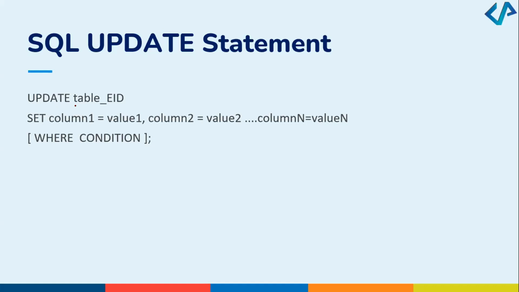So update, give the table name, set what? Column 1 is equal to value 1. This is my value 1. Column 2 should be value 2. Column n should be value n. These are just some values that you are giving, and then there is a where condition here. All right, is that all clear, guys?